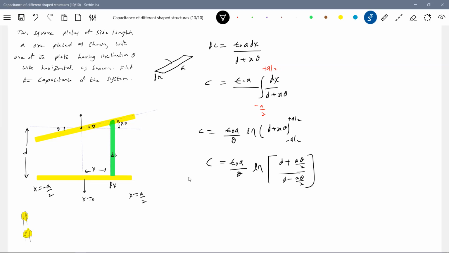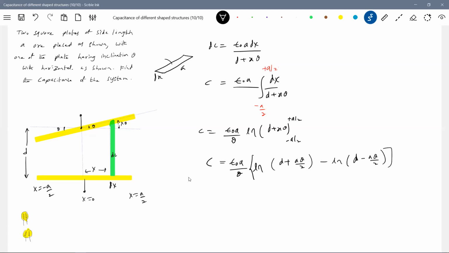If you want, we can further simplify. I think rather than this, we can simplify, this will be a better one. Take d common.